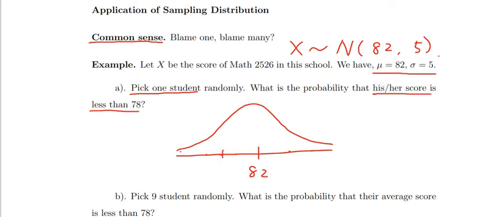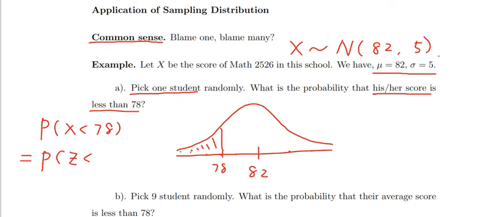This probability is just the percentage of people that score less than 78. Such a problem is easy, and by now we are quite familiar with it.